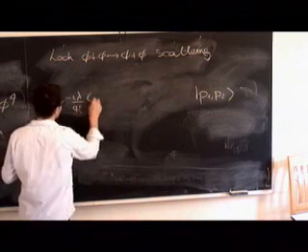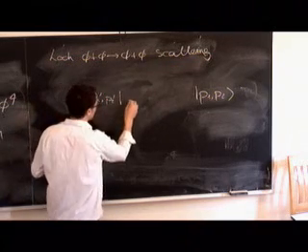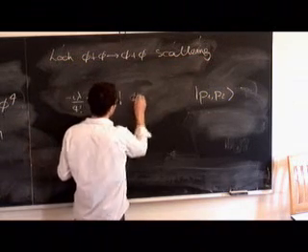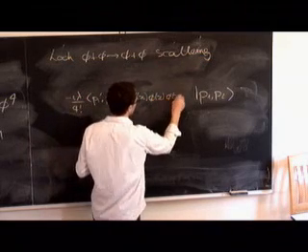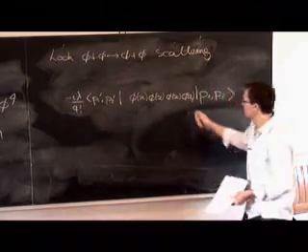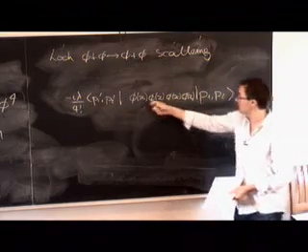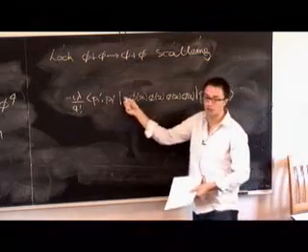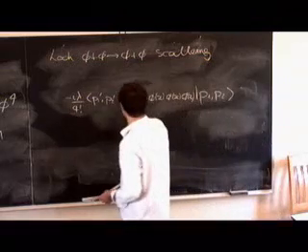There's a 1 over 4 factorial, p1 prime, p2 prime. And what's going to happen is there's a factor of the interaction Hamiltonian, so that's phi to the 4, and it's going to be time ordered, and then we're going to use Wick's theorem and change that time ordering into normal ordering and pick up some propagators.